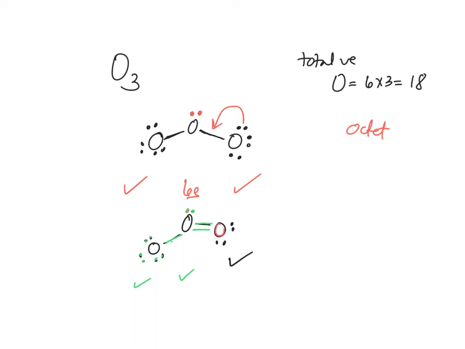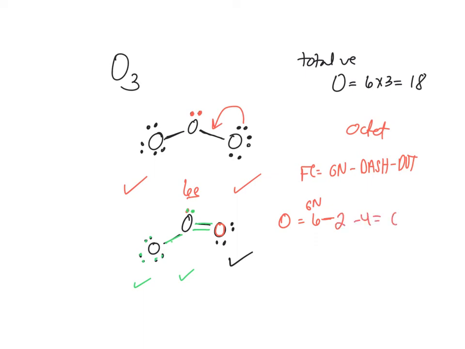Well, this oxygen, the red oxygen, has a group number 6 minus, so formal charge is group number minus dashes minus dots. 6 is its group number. It has 2 dashes and it has 4 dots.